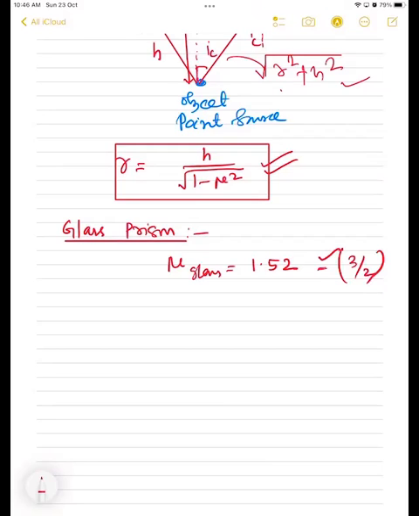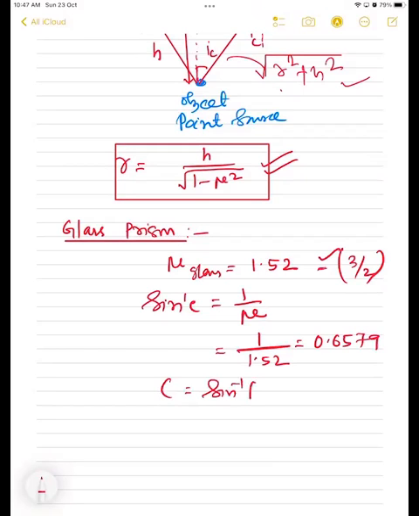If I'll be asking you what is the critical angle for glass, sin iC is equal to 1 by mu, correct? That is equal to 1 by 1.52, that is equal to 0.6579. तो इसे अगर C निकालेंगे तो क्या होगा, साइन इनवर्स ऑफ 0.6579, so that will be near about, students, 41.14 degree.